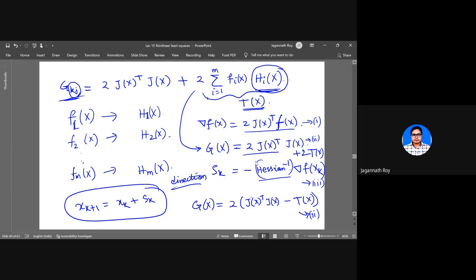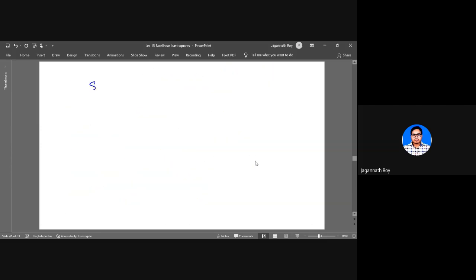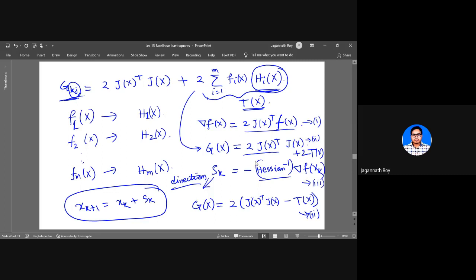Okay, so from here, let us write s_k times the Hessian, that is Hessian into s_k, will be the negative gradient of f of x, because we have this relation from 3.